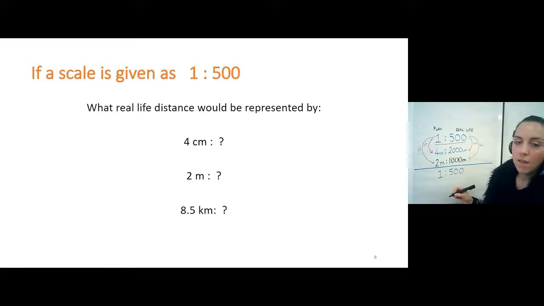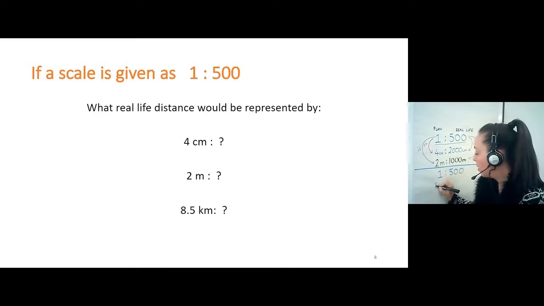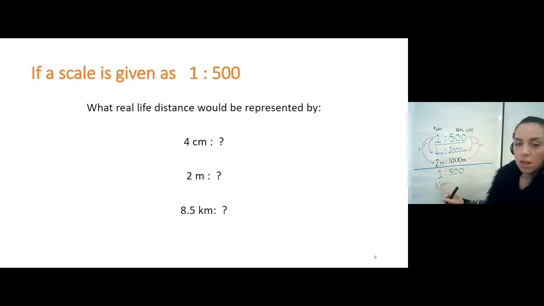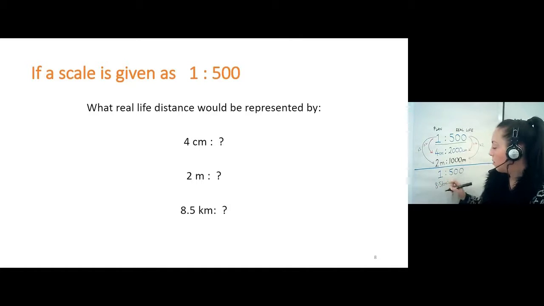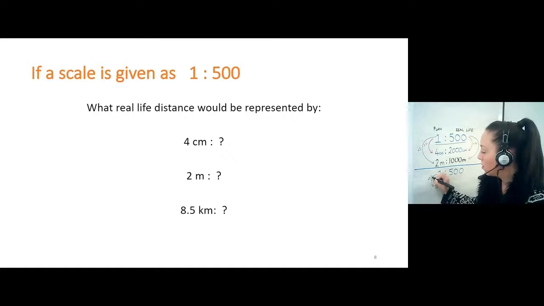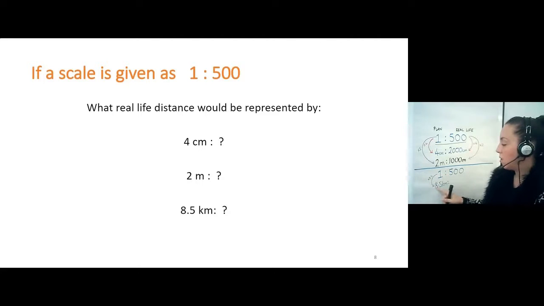So this time, if the distance is 8.5 kilometres, okay, so this is the planned distance. If it's 8.5 kilometres, what's the real life distance? So we've taken the plan and we've increased the plan size by 8.5 times because we've gone from 1 to 8.5.